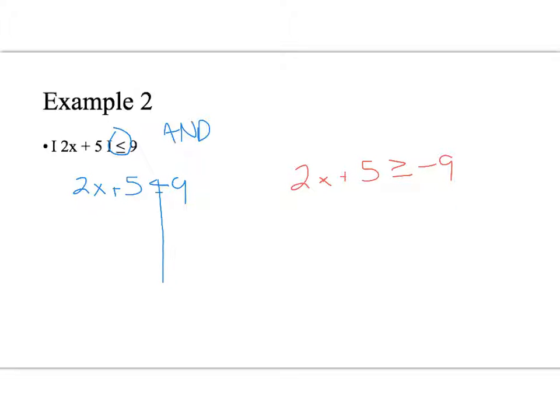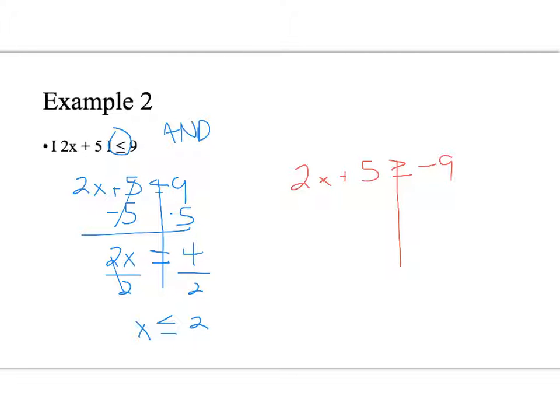Alright, so then when I solve in blue here, I'm going to subtract 5 from both sides. Get 2x is less than or equal to 4. Okay, and then divide by 2. I'll get x is less than or equal to 2.